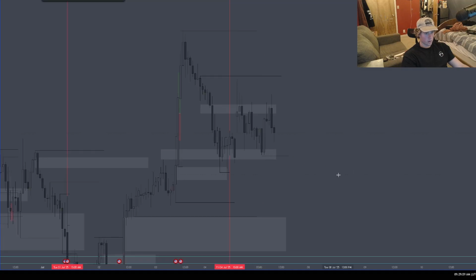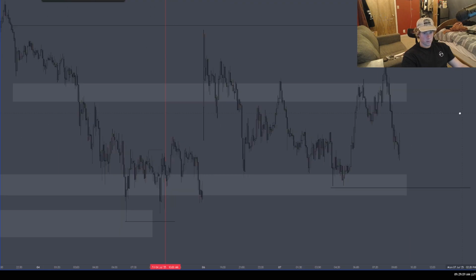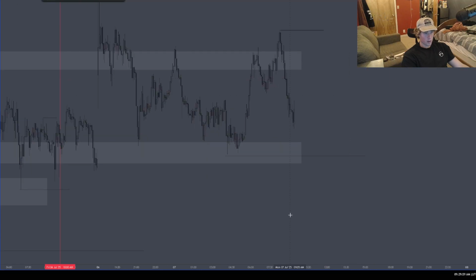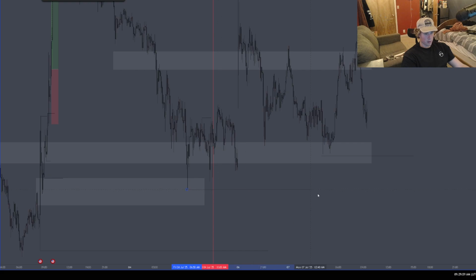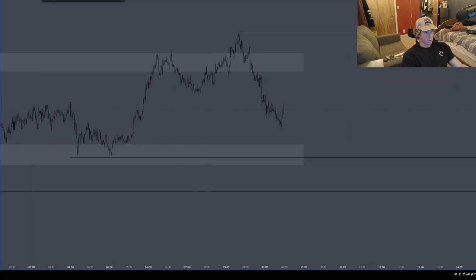Relative equal lows. Anything can happen on these days. So it's literally just one side or the other. Let's see.